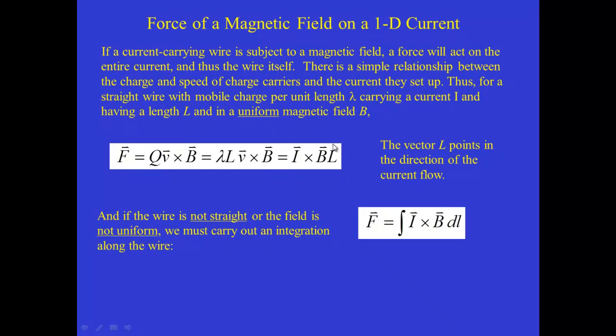And so instead of having a length L for a straight wire, we might have a path leading from one end of the wire to the other, and so we'd have to integrate over that path this quantity I cross B. Another way to write this, as I mentioned before, is we can call I the scalar and then let dl carry the direction of the current, and so we can write this as I times the integral of dl cross B. Remember, in this expression, dl points in the direction of the current flow.